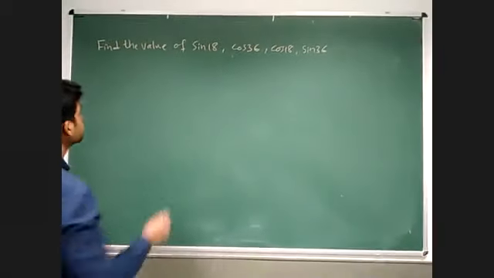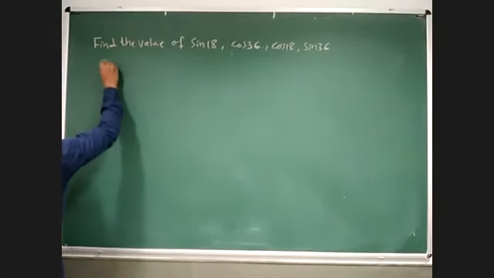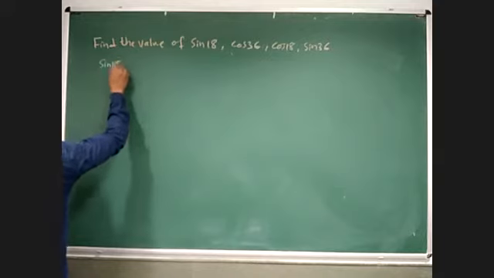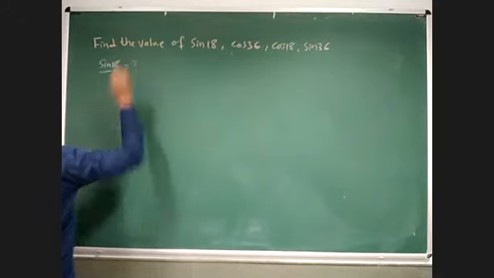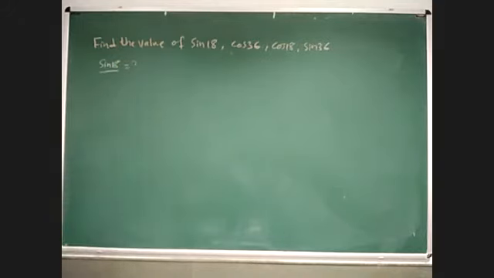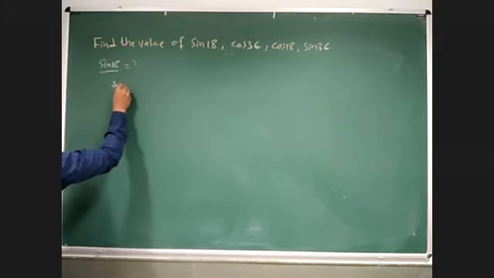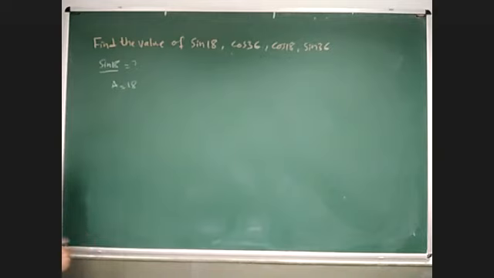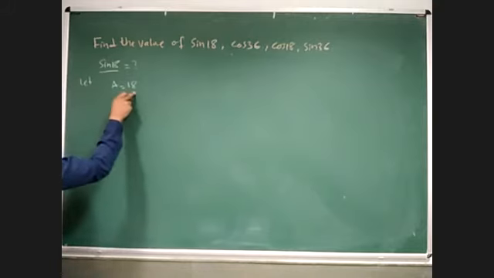Here, first of all I have to find sin 18, but how? Here we are going to use the multiple angle formula. Suppose A is equal to 18, because we are going to find sin 18.